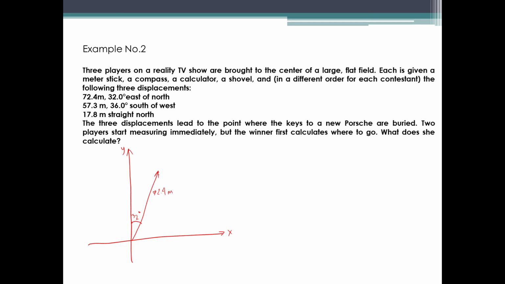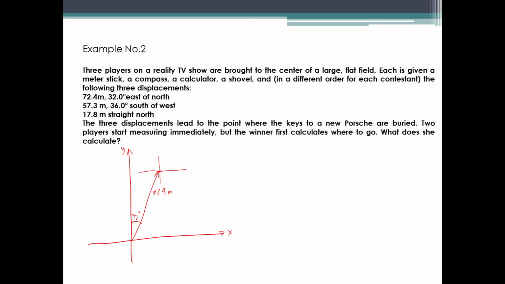Okay. Next, from there, 57.3 meters, 36 south of west. So, since we are getting the resultant, if we use the graphical method, this is what we should do.